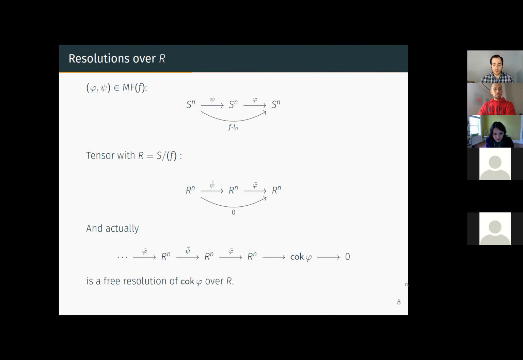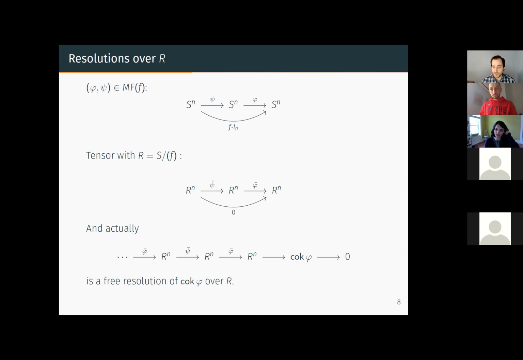Maybe I didn't emphasize the periodic part here, but any matrix factorization is going to give you a 2-periodic resolution of the MCM R module. So wherever you truncate this, either at the cokernel of psi or the cokernel of phi, it gives you a periodic resolution from there on of that module.